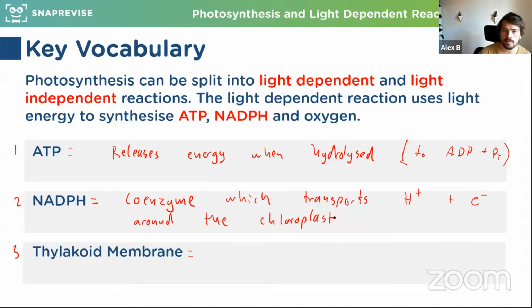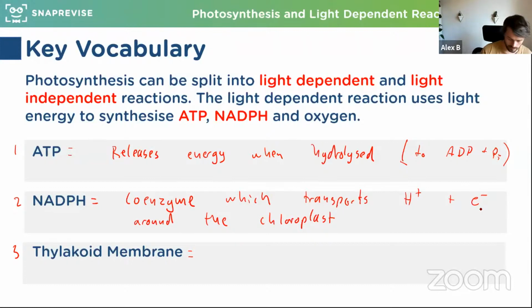A coenzyme is something that's needed for an enzyme to work. And these ones work almost a bit like an Uber driver. They pick up H plus and electrons and they move them to different parts of the cell, specifically from the light dependent reaction into the light independent reaction, into the carbon cycle. So they can act as both oxidizing and reducing agents, depending on whether they're oxidized or reduced.